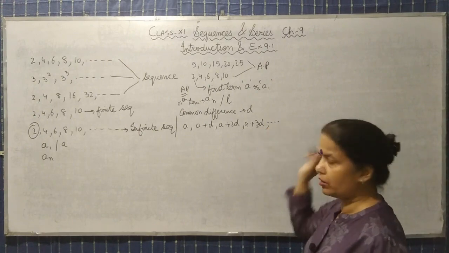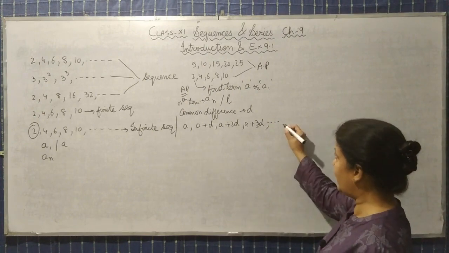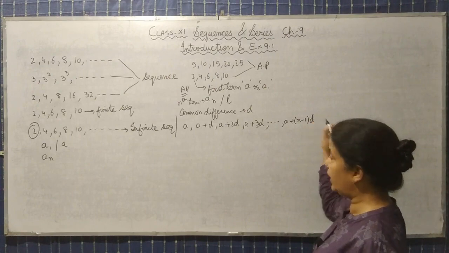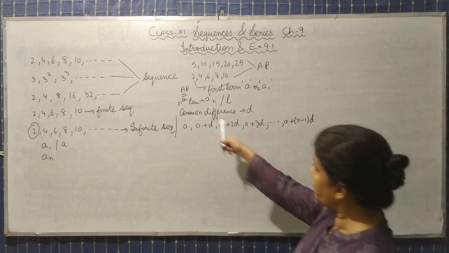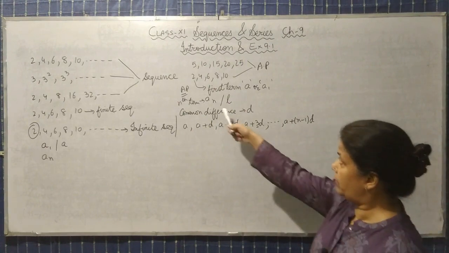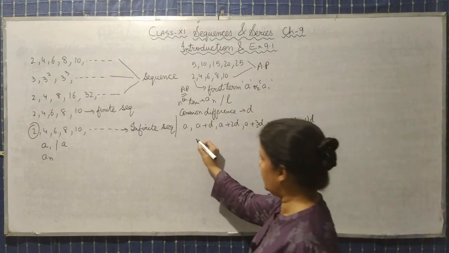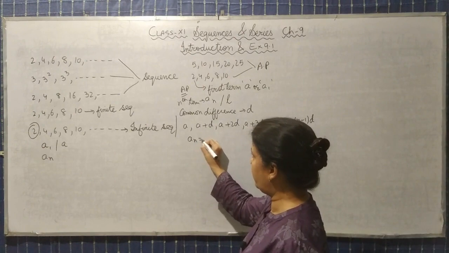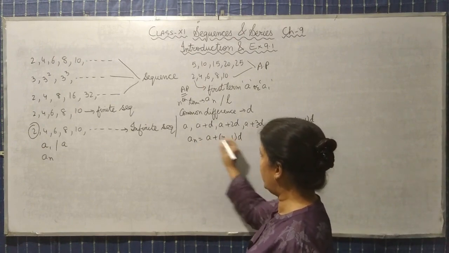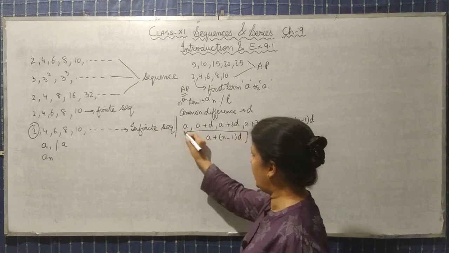What about the nth term then? A plus n minus 1 D. As I have told, the nth term is represented by an, so the formula for an is A plus n minus 1 D. This is the nth term.